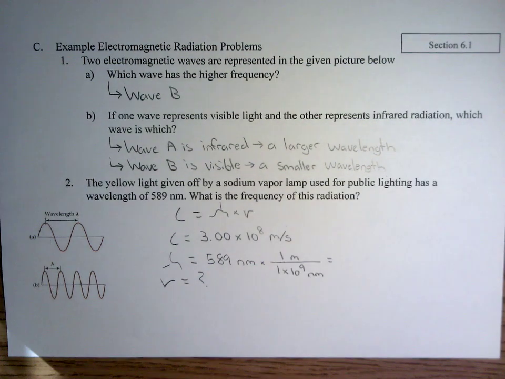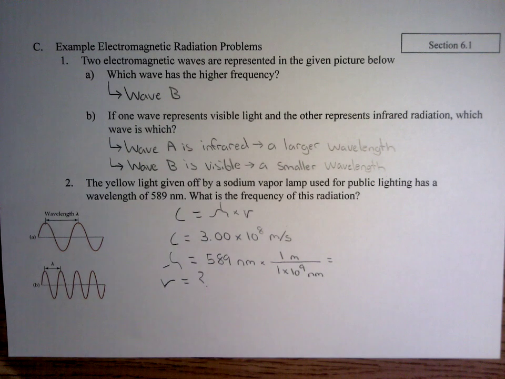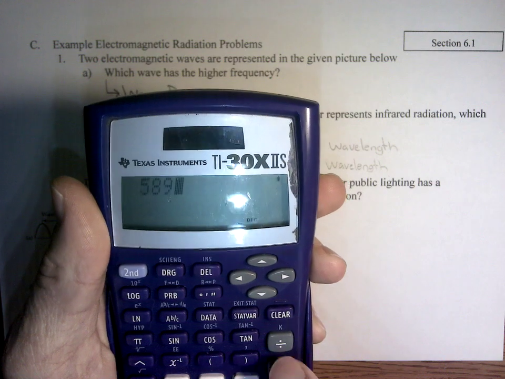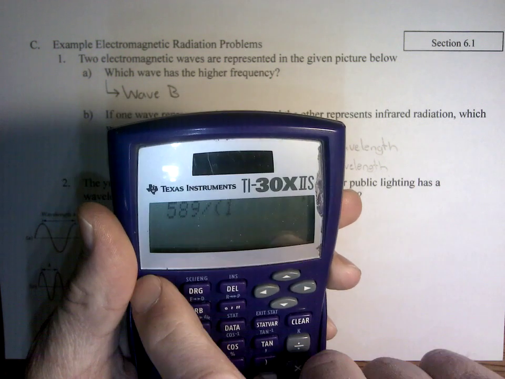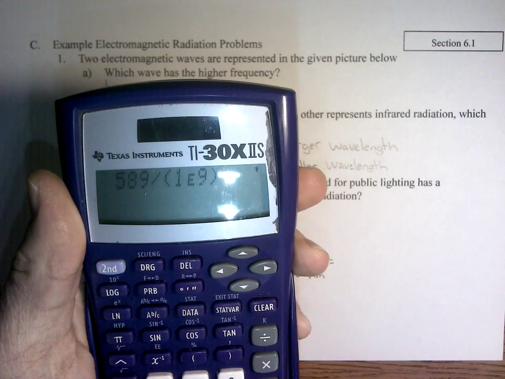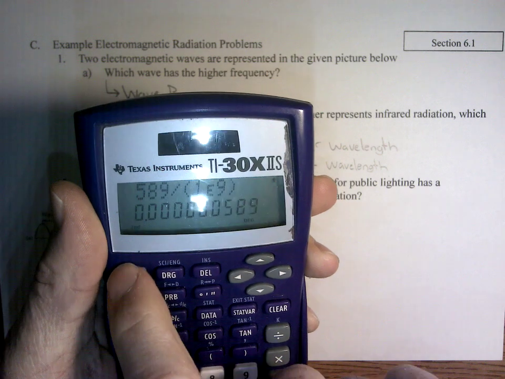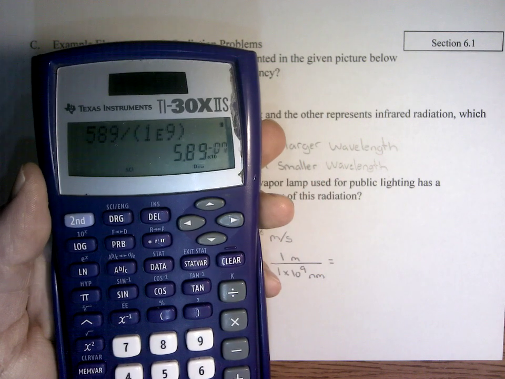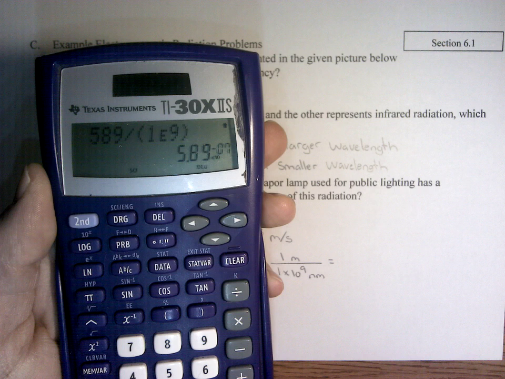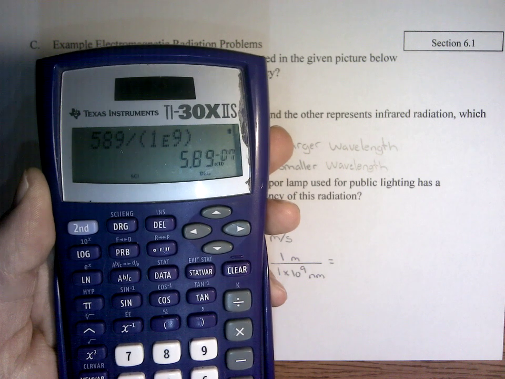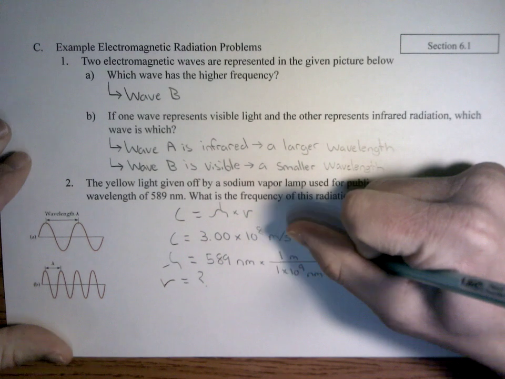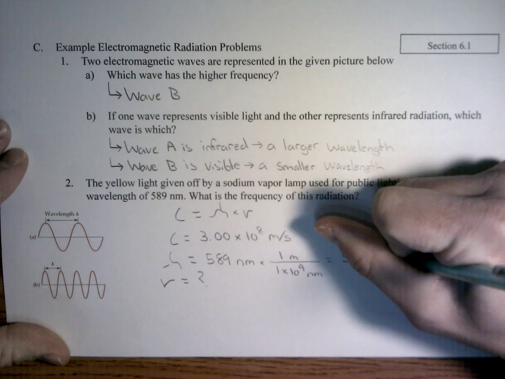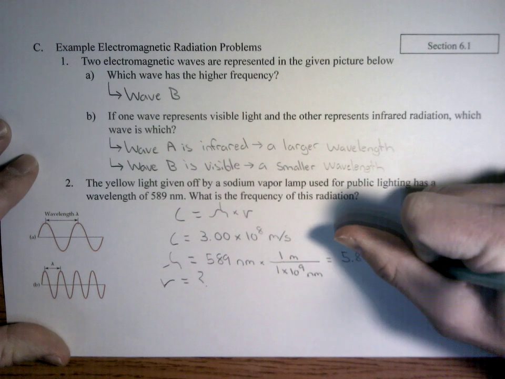So when we plug that into our calculator, we get 589 divided by 1 times 10 to the 9th, and we get a value of a lot of decimals. I don't want to deal with that, so I'm going to put it into scientific notation. So the number of meters here is 5.89 times 10 to the negative 7, and that would be in meters.